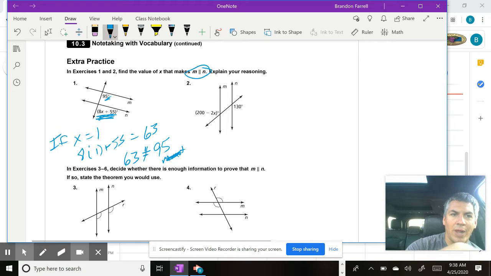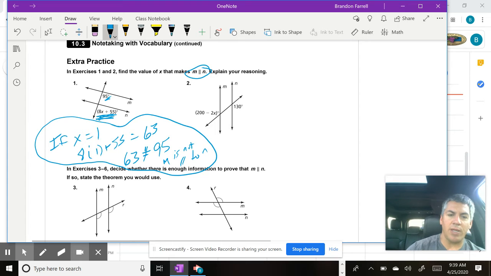I don't want to even write that, to be quite honest, but M and N are not parallel. How to write that would be that M is not parallel to N. Okay, so this is an example of what it means for it not to be parallel, and we want to find that x value that does make it parallel.